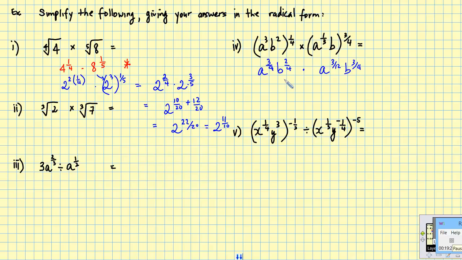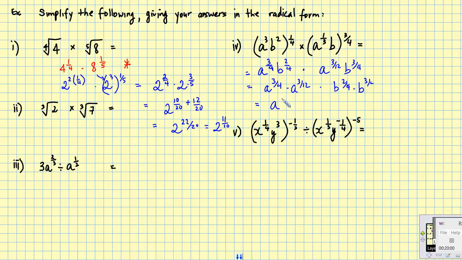Okay, so now I've got a to the 3/4 times a to the 3/12, and it's multiplied by b to the 2/4 times b to the 3/4. All I did was bring together all the like bases, and now again I have to get a common power. So I need to get the same denominator.